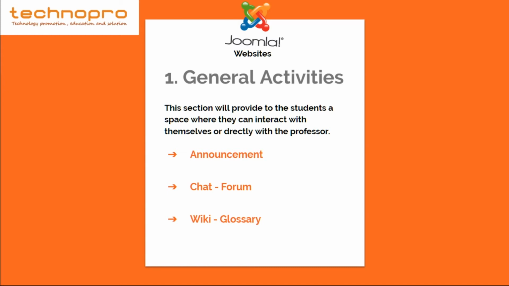The chat and forum are tools for you to interact among yourselves, the students of the course, and also if you want to chat with the professor directly. Wiki and glossary are tools to check some important concepts and understand exactly what they mean. We might use them as assignments also, for you to know how to build them or use them.